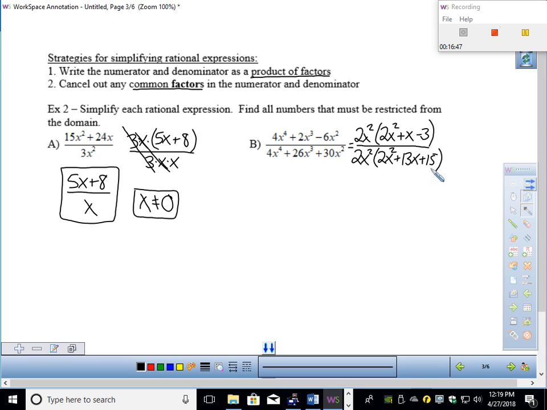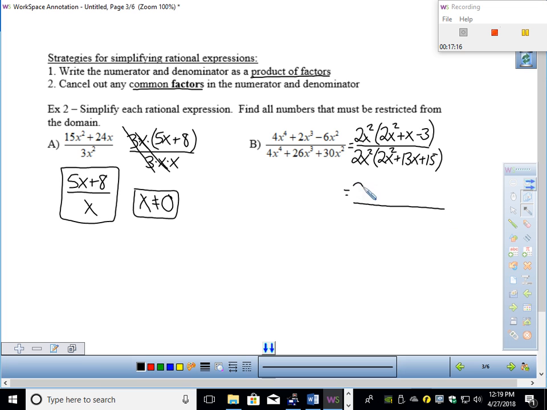I moved forward in the factoring process, and there's probably some things we can do right off the bat. I am going to hold off on that for a moment, though, because before I pull the trigger on canceling stuff out, I do want to ask myself, have I factored everything completely? And as I look at these quadratic trinomials, one in the numerator and one in the denominator, it does look like we can go further with those.